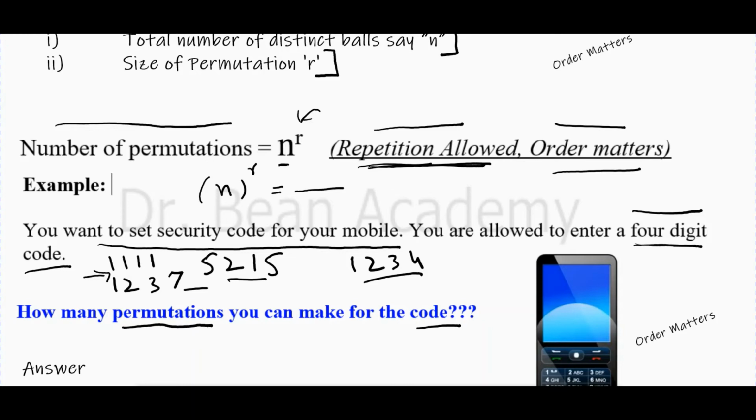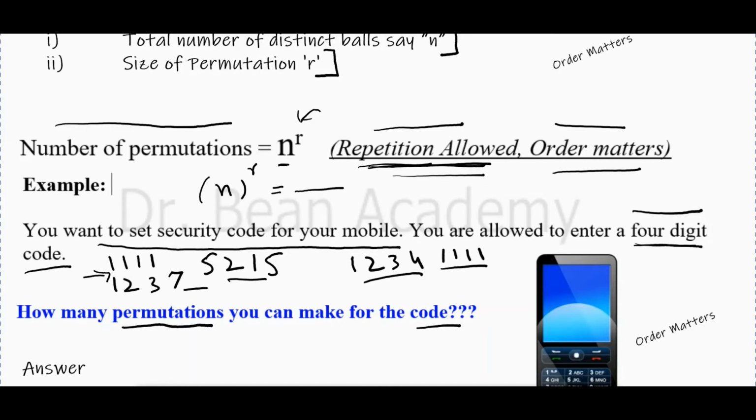So as usual, we need to find if repetition is allowed or not, because this is important. And second, if it is a permutation or combination. Of course, we are talking about permutations, and I have just told you the formula of repetition is allowed. So you may guess that yes, repetition is allowed, but you have to guess it sometimes from the question itself. When we set the code, for example, you know that I can set a code 1111.